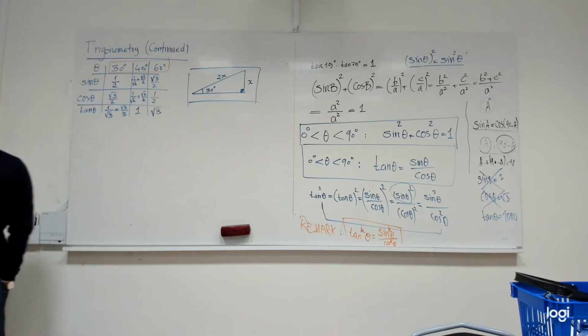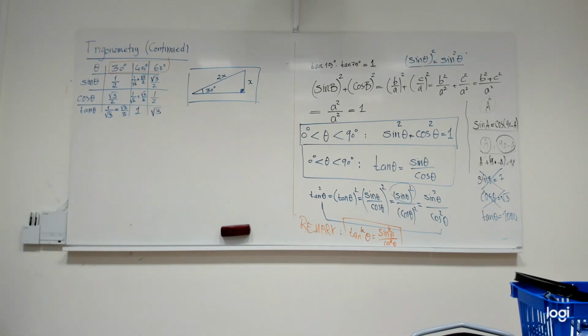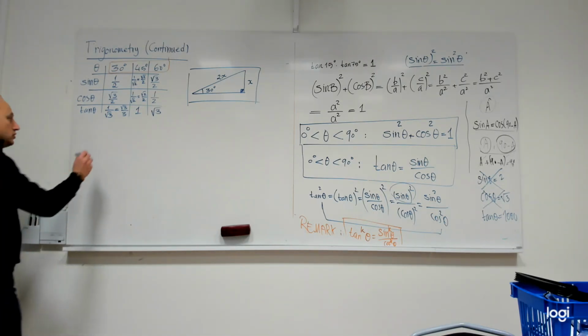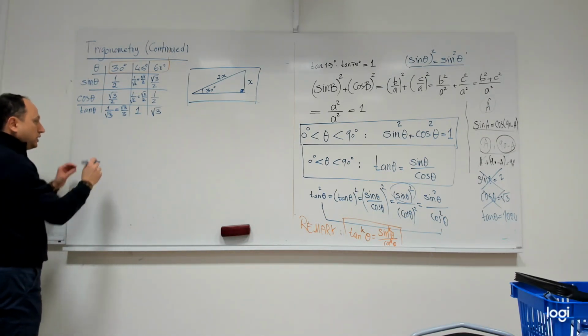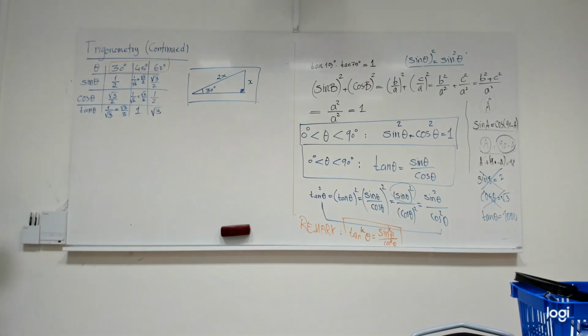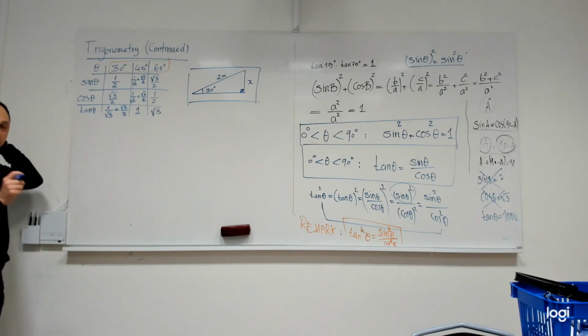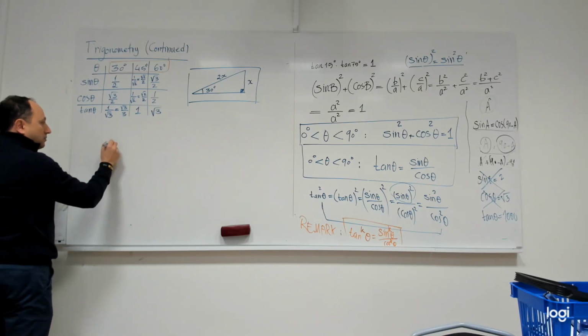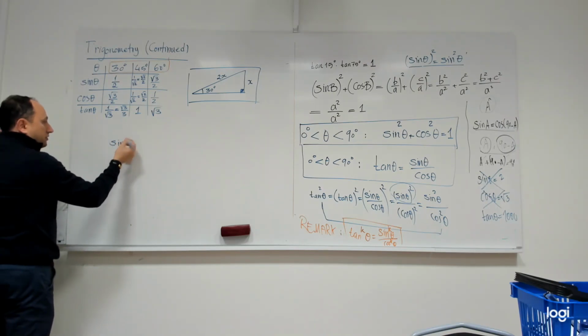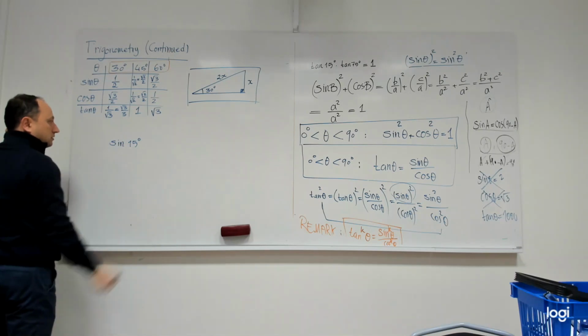Okay, another question was, for example, if I give you a ruler and a protractor, and I ask you to measure, not calculate, measure, for example, sine of 15 degrees.